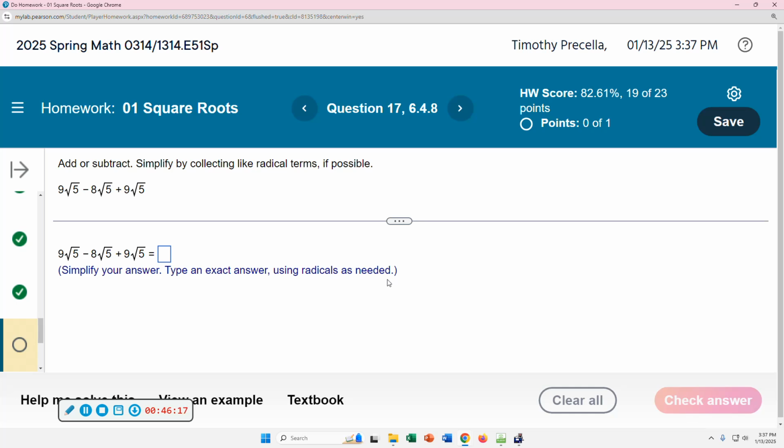Here, do we have like radical terms? Is the same number under every one of the square roots? Yes. So let me write it down. Number 17. 9 square root of 5 minus 8 square root of 5 plus 9 square root of 5.